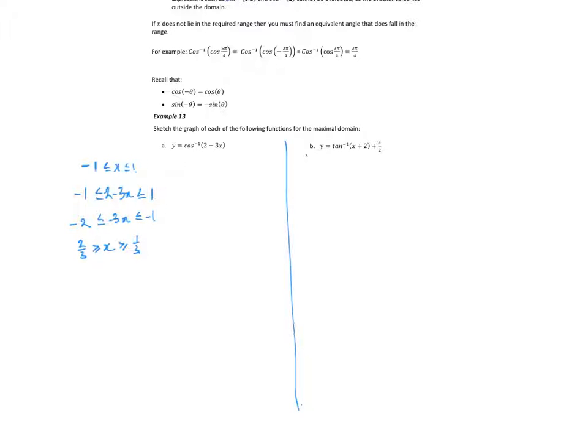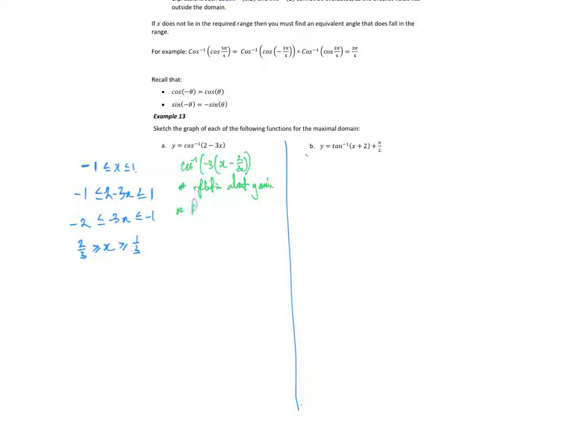So if we consider that graph a bit more specifically, let's rewrite it. Cos inverse of, it's negative 3 at the front, that'll give me a positive, x minus 2/3. So we have a reflection about the y-axis, isn't it? Because it's inside the function.